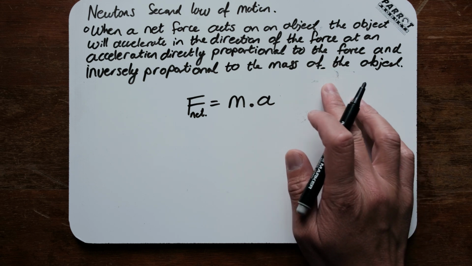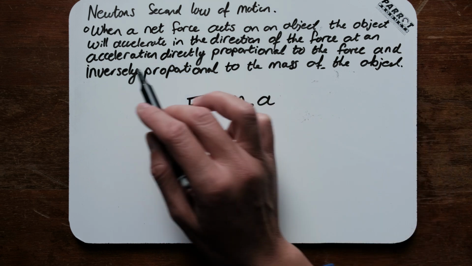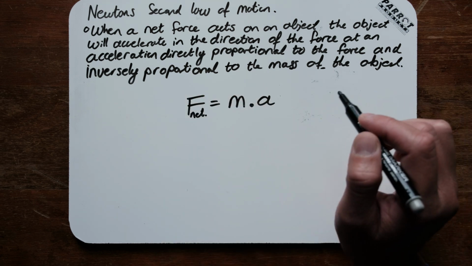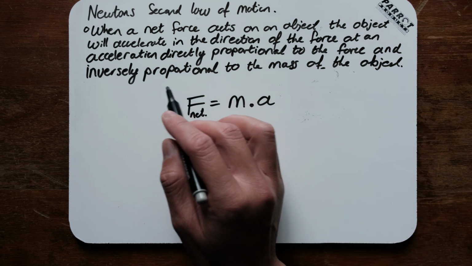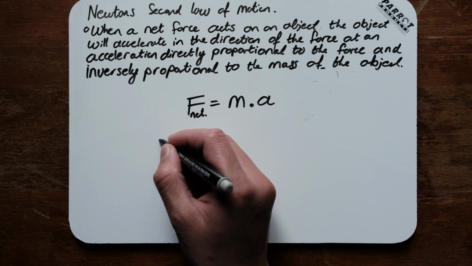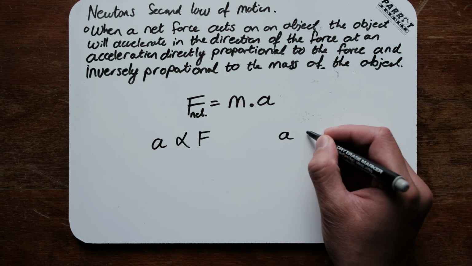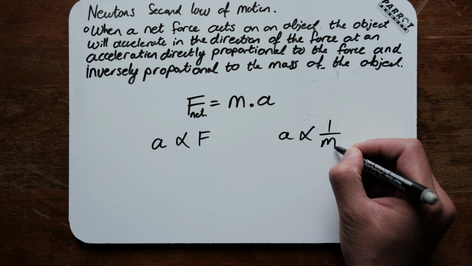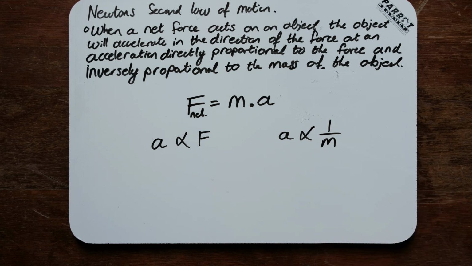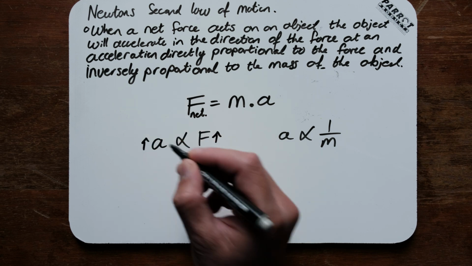Then we go on to the next part, saying acceleration is directly proportional to the force, and inversely proportional to the mass. So essentially, acceleration is directly proportional to force, but acceleration is directly proportional to the inverse of the mass. This is basically saying that if we increase force, we increase acceleration.